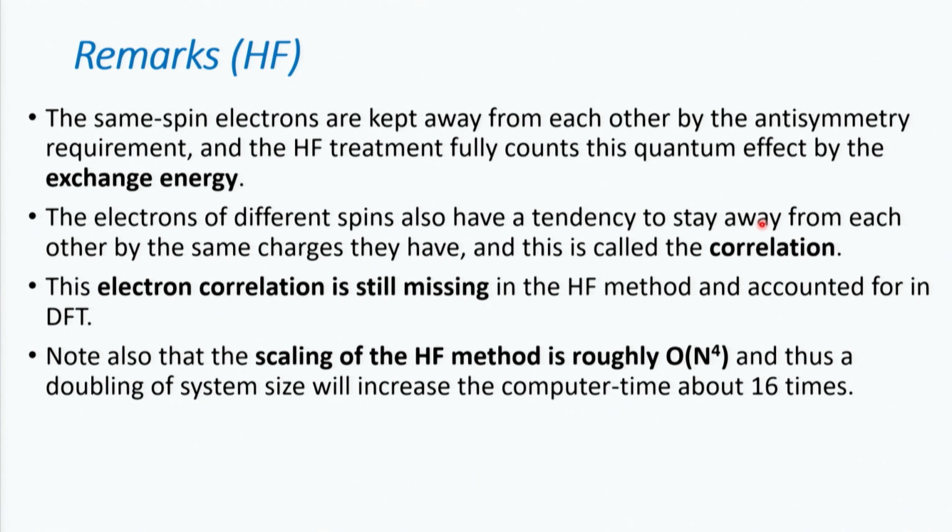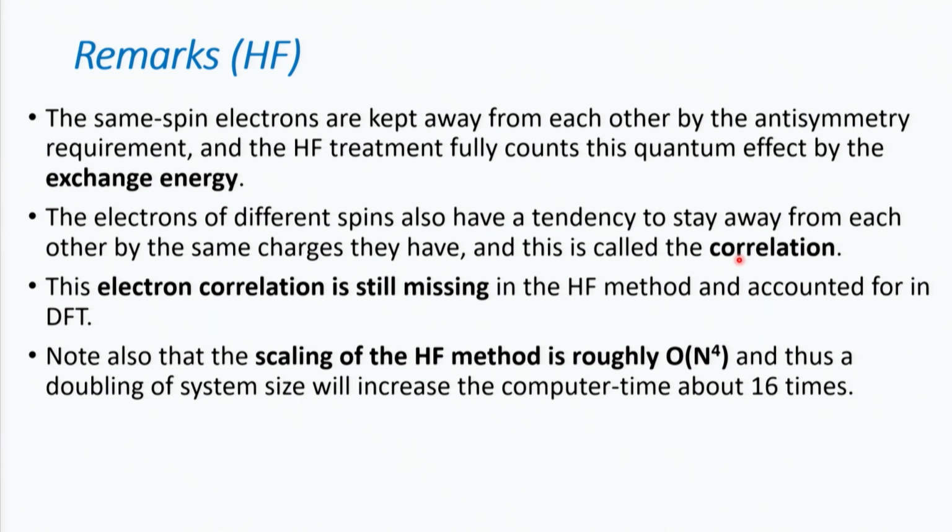The Pauli principle says two electrons can stay in a single orbital if they have different spin, but though their spins are different, their charges are the same, so there will be some kind of repulsion also. That part is not considered in the Hartree-Fock method. Electrons of different spin also have a tendency to stay away from each other because of the same charge they have, and this is called correlation. This electron correlation is missing in the Hartree-Fock method, and it is accounted for in DFT. So that is one advantage of DFT.